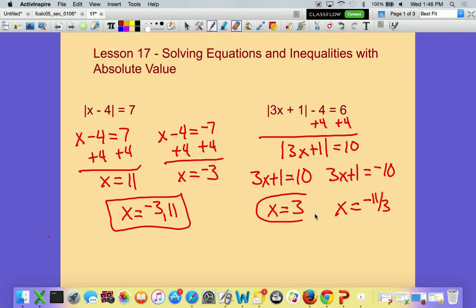This one works. Plug in negative 11 thirds. 3 times negative 11 thirds, the 3s cancel. So, negative 11 plus 1 is negative 10, absolute value of that is positive 10, minus 4 is 6. So this also works. Make sure you check them though.